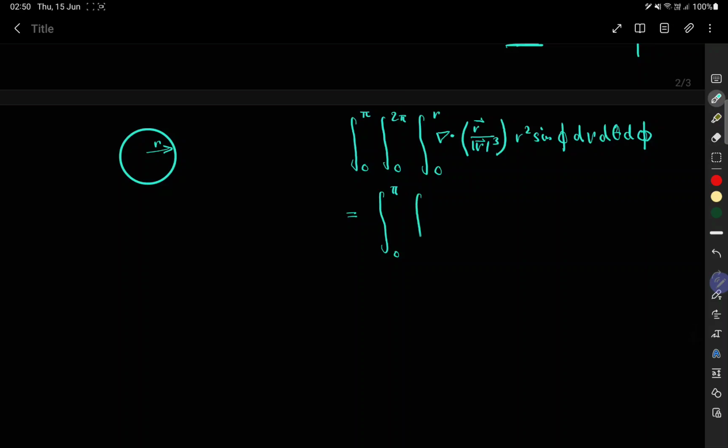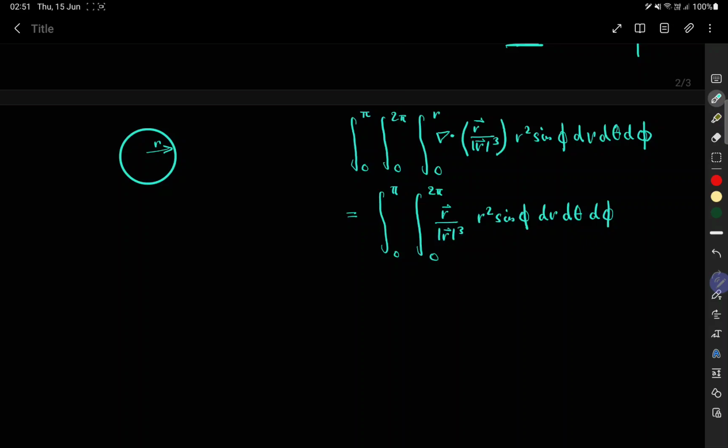We get the integral from 0 to pi and 0 to 2 pi of r hat over the absolute value of r cubed, times r squared sine phi, d theta d phi.